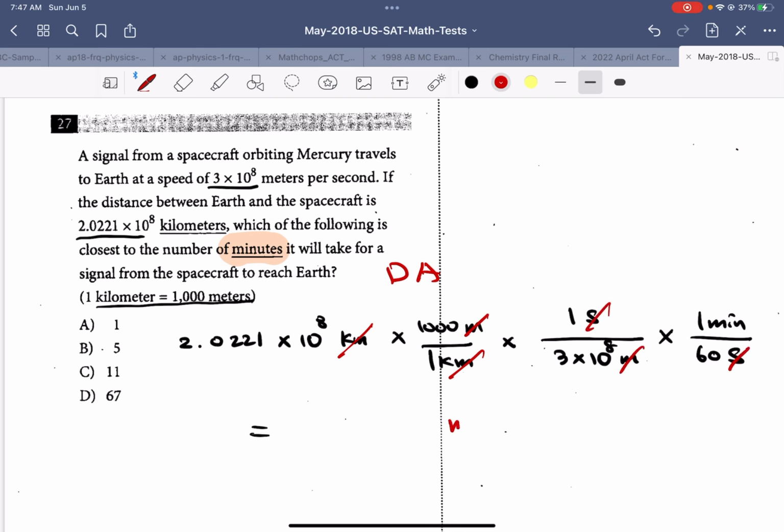So you end up with minutes. That's what you're looking for. So let's plug in the calculator. So I got 11.23 around. So approximately C will be the answer. So you can use dimensional analysis to answer this question. Okay.